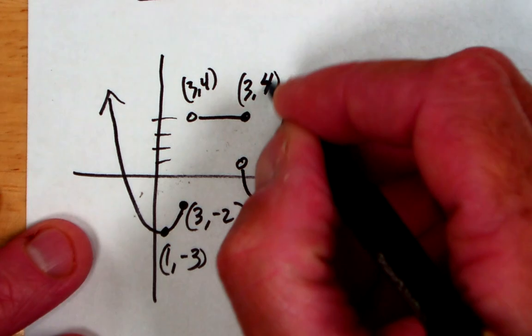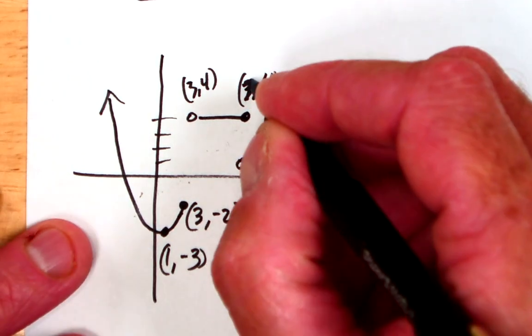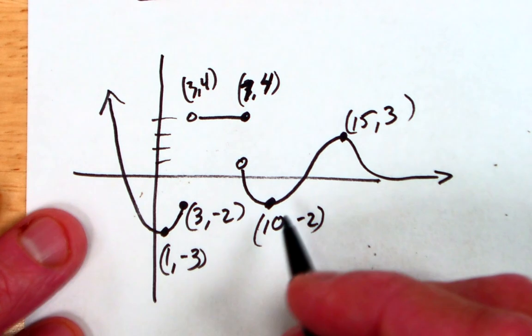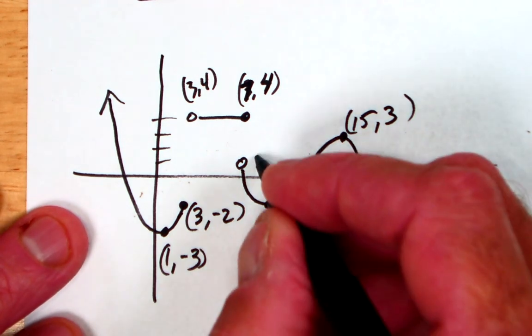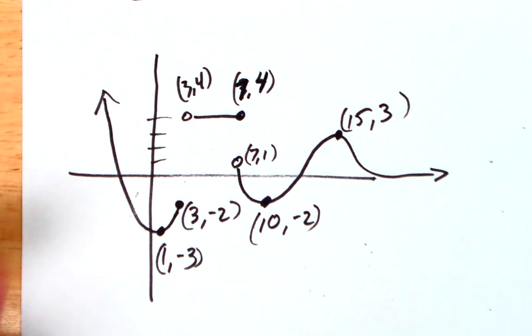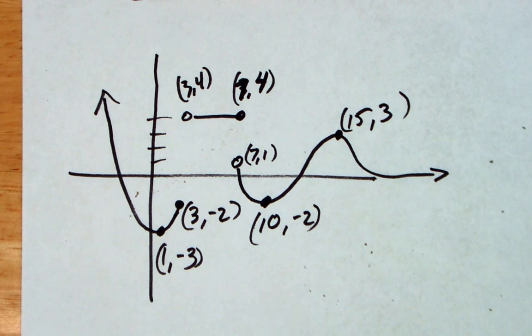I'm sorry. It should be 7, 4. My bad. I made a mistake. So we got this funky graph going on.